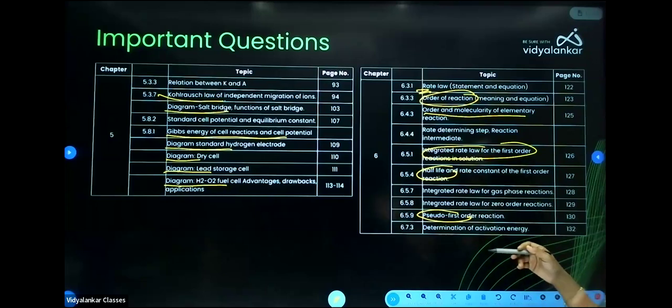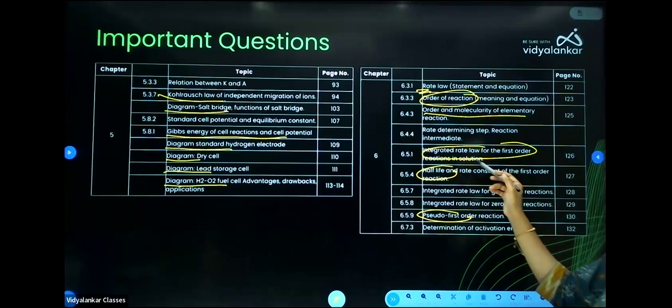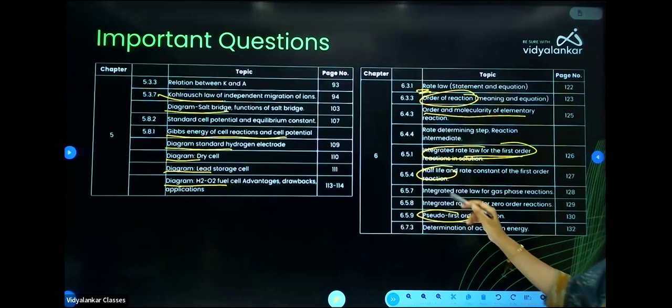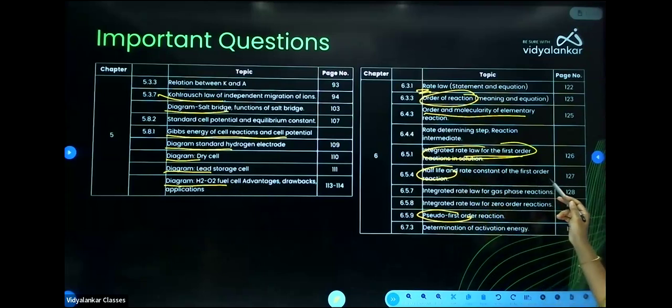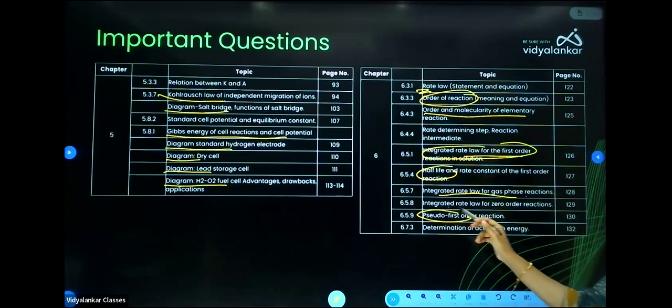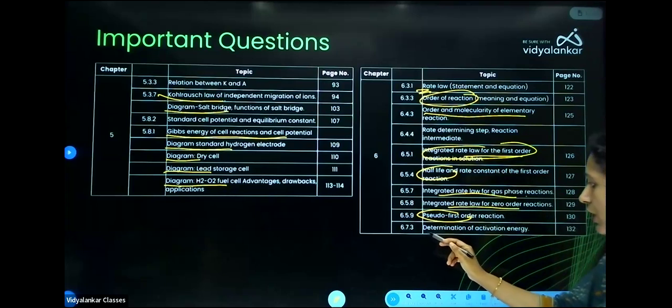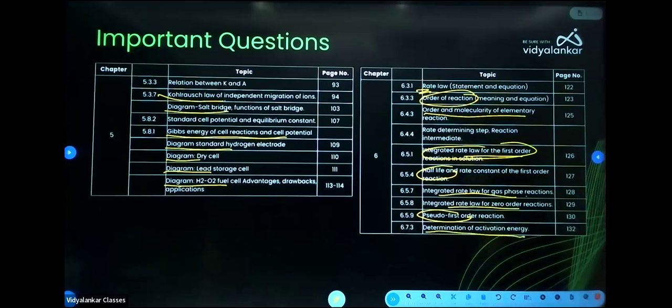After that, as I said, all the derivations. Here the derivations are the integrated rate law for first order, half life and rate constant of first order, integrated rate law for gas phase, and integrated rate law for zero order. After that, one more derivation is there, the Arrhenius equation, which comes with the determination of activation energy. Along with all the derivations, you will find numericals from the chapter.